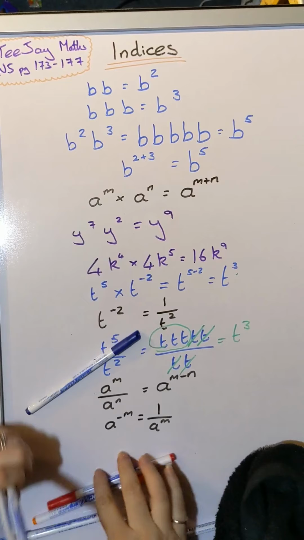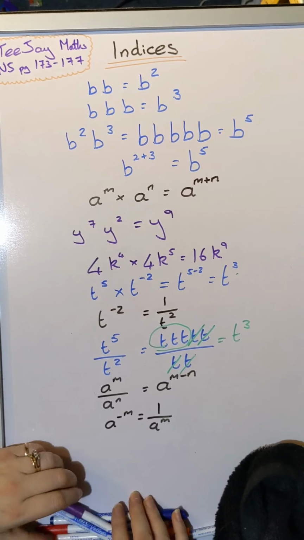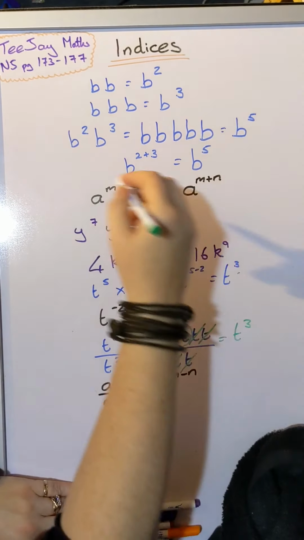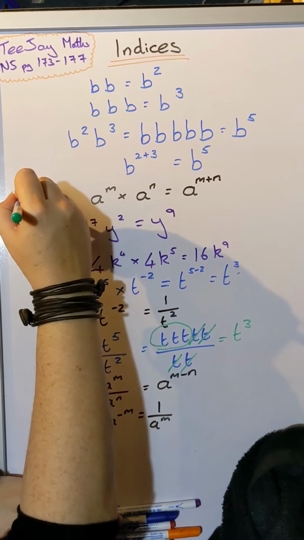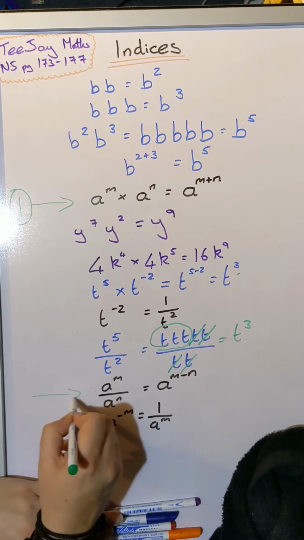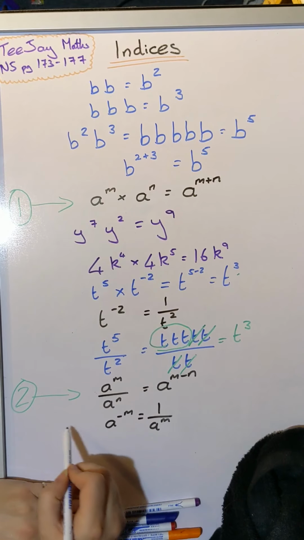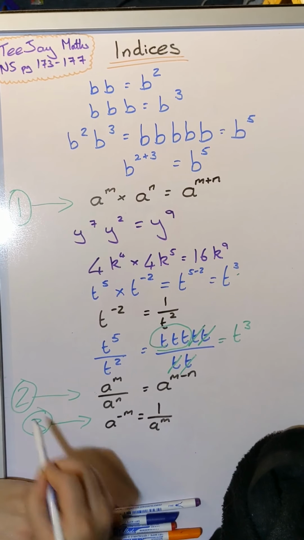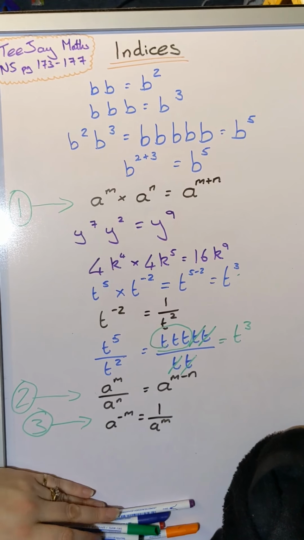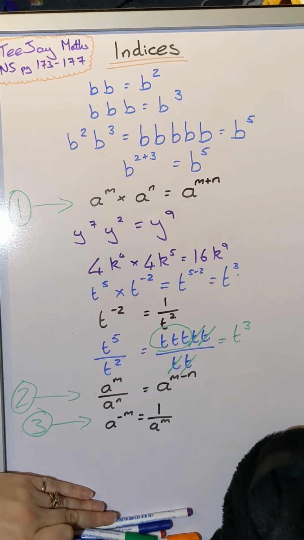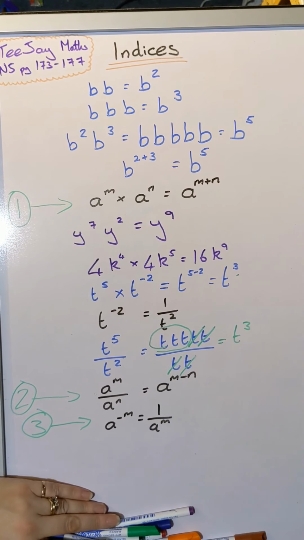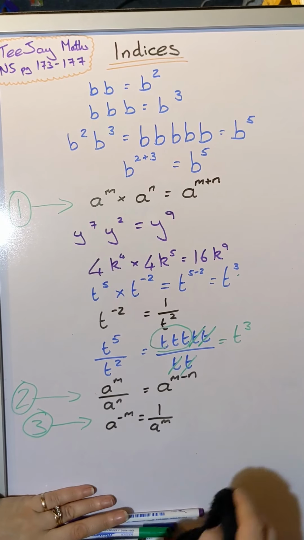Now, that's us with 3 of the rules. Rule 1, Rule 2, and Rule 3. We have 6 rules in total, and your first assessment will test 5 of them. So let's have a look at some of the others.